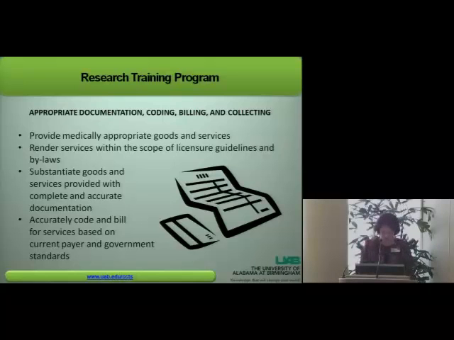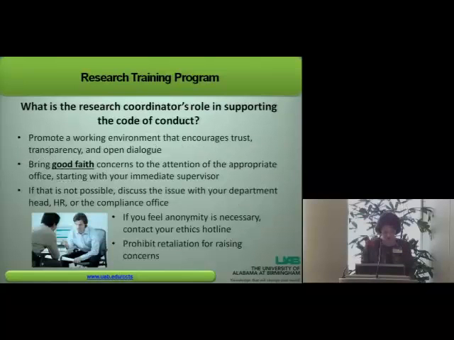They substantiate goods and services provided with complete and accurate documentation, and importantly, accurately code and bill for services based on current payer and government standards. Because other presenters will focus more on that, we won't spend a lot of time discussing that particular element. So what is the research coordinator's role in supporting codes of conduct?